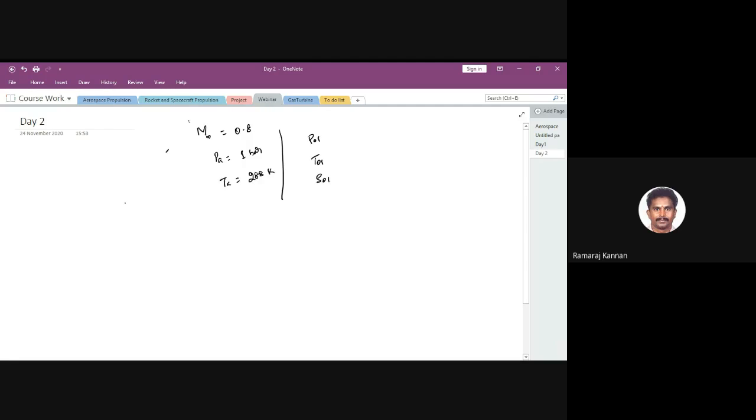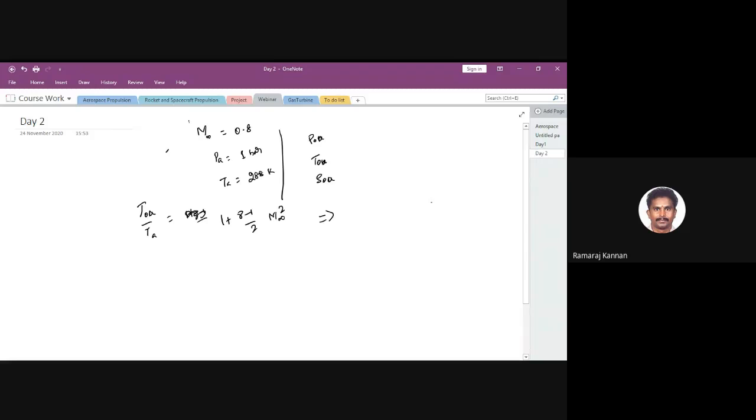This is from what we have discussed earlier. T01 by TA is equal to 1 plus (gamma minus 1) by 2 MA squared. You know the TA value, so you can find the T01 value, T0A.